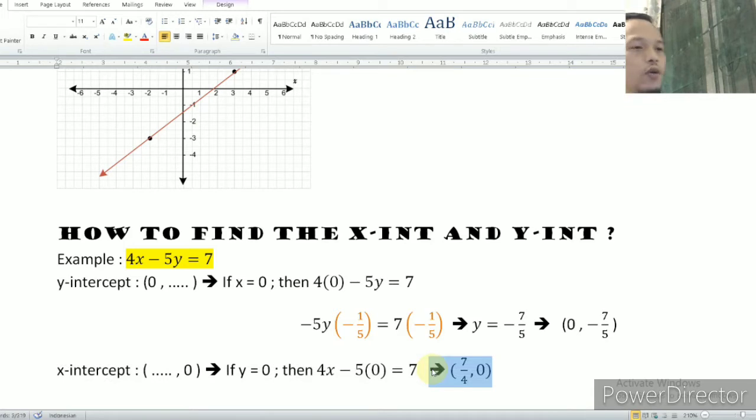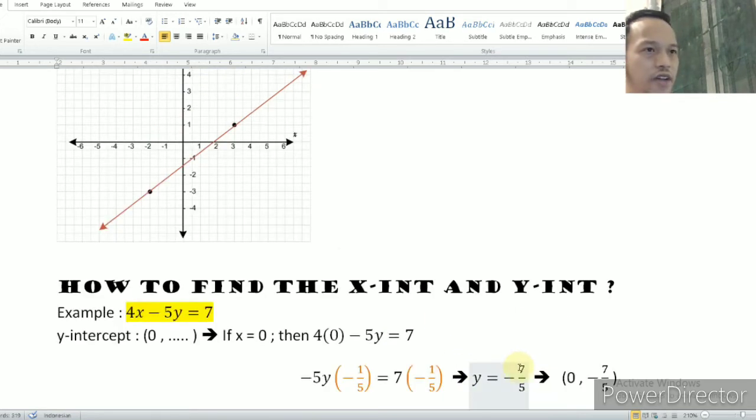In the end, I will skip the steps because we are using the same steps. I will have the x-intercept as 7 over 4, comma 0. It's exactly 1.75. So here it is, 1.75, comma 0.